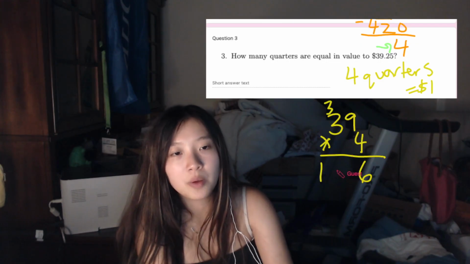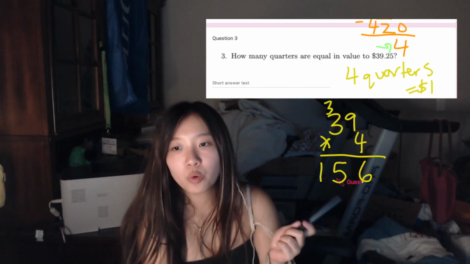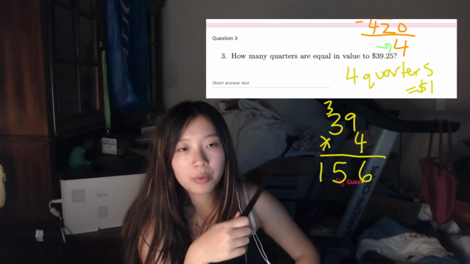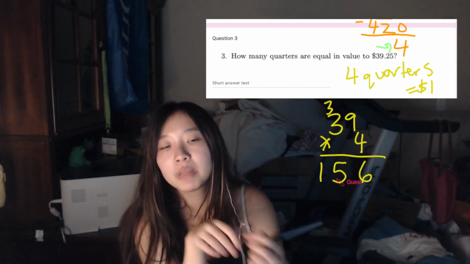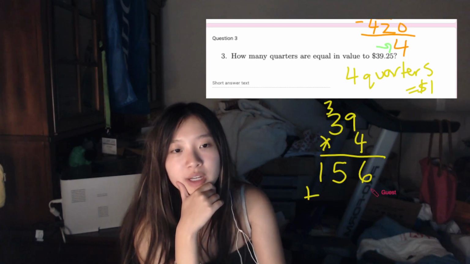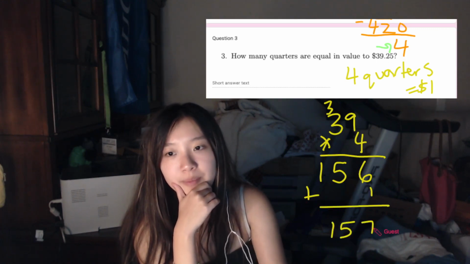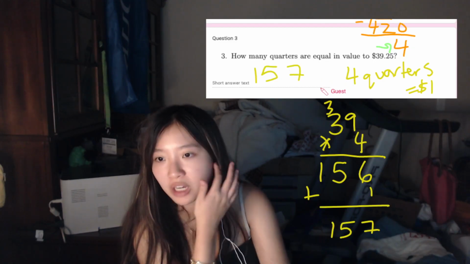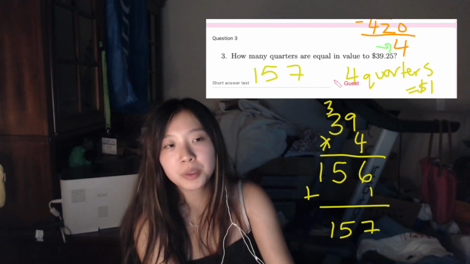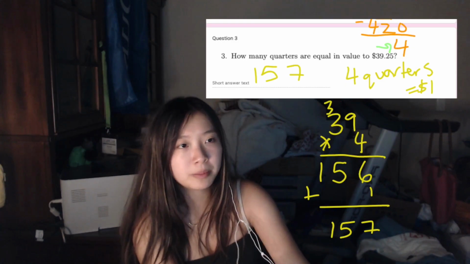So here we go. This is the number of quarters in our $39. But we have that extra 25 cents, don't we? So I add an extra quarter to get a final answer of 157. Amazing. So yeah, this required some common knowledge of how cents and quarters work, but hopefully that was pretty straightforward.